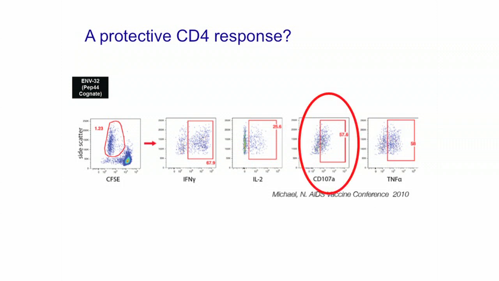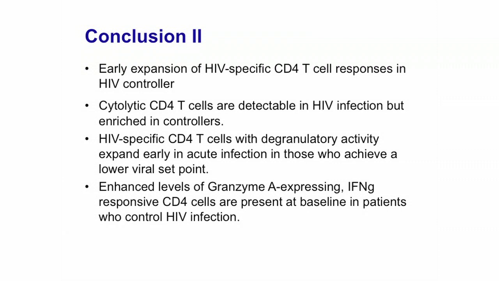And this might be a mechanism by which the RV144 vaccine acted and brought the low level of protection.